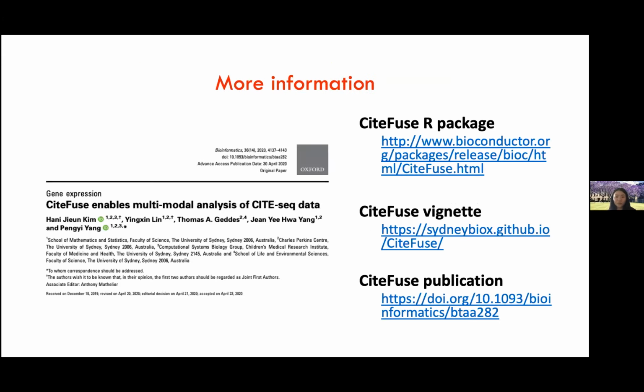For more information about CITE-seq, you can find our publication in Bioinformatics, and our package is available in Bioconductor. If you want to look into more details about how to use our package, you can visit our website on the Sydney Precision Bioinformatics GitHub.